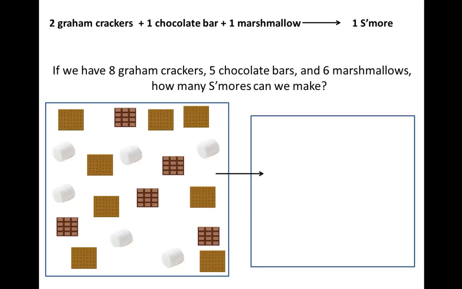Let's combine our ingredients to see how many s'mores we make. 2 graham crackers plus 1 chocolate bar plus 1 marshmallow makes 1 s'more.